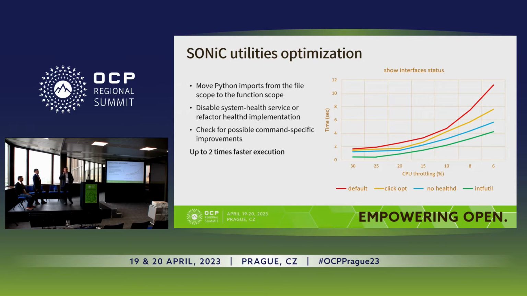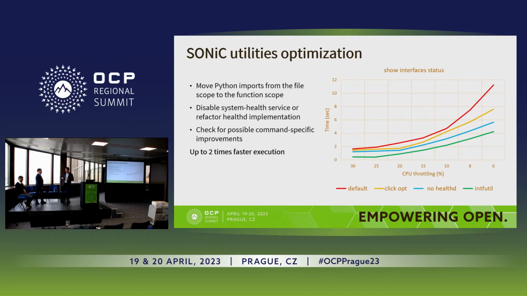And finally, the green line. We decided to check what is used inside this specific command, and we see it just calls another Python application. If we call that other application directly, we get another 10% improvement. By this, we mean that we should inspect each command one by one and also try to make command-specific improvements to reach the final goal.